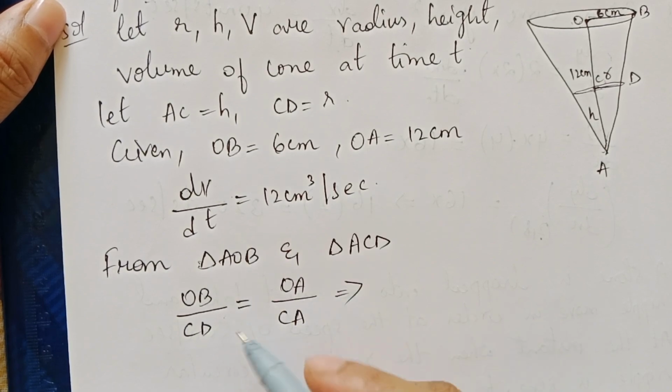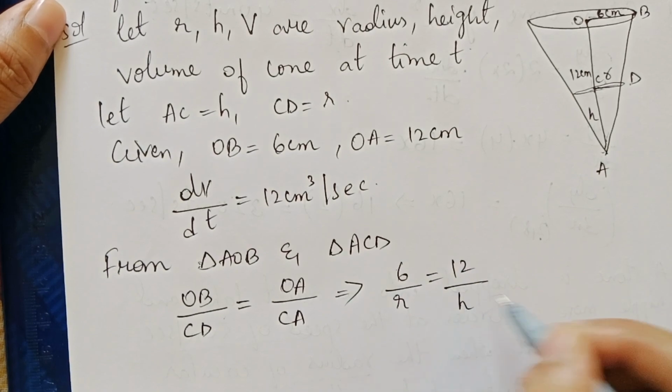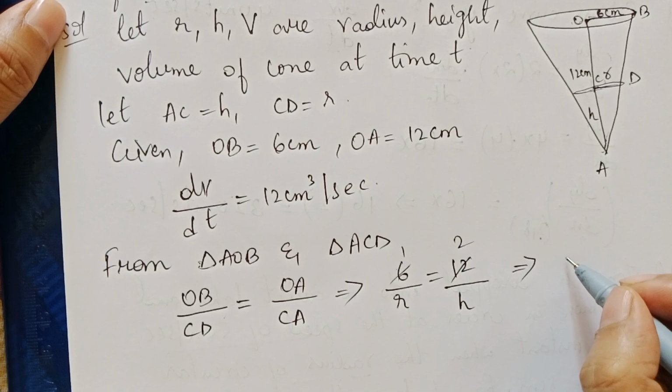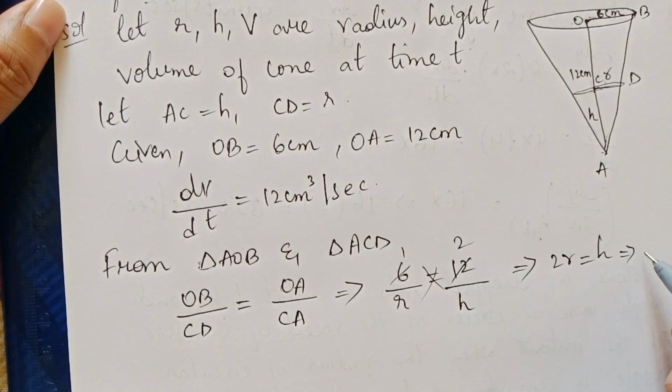Substituting the values here, we get 6 by r equals 12 by h. 6 ones are 6, 6 twos are 12, so by cross multiplication it is 2r equals h. From here we get r equals h by 2.